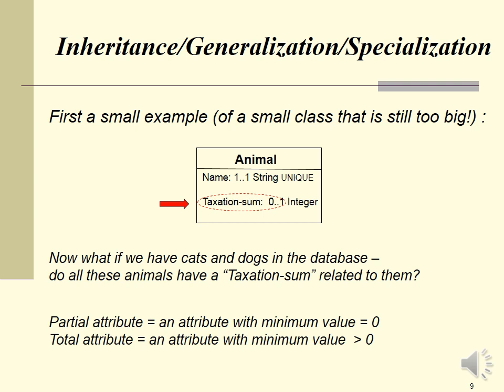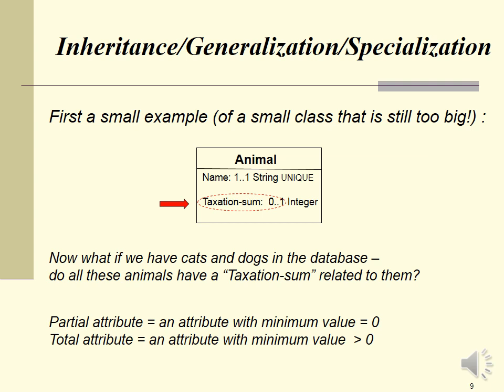The other attribute is a bit ambiguous. It's called taxation sum. And it has a cardinality constraint of 0..1. And this means that not all animals have taxation sums. There are some animals for which the attribute taxation sum does not apply. Hence, we have a minimum value of 0 on taxation sum.